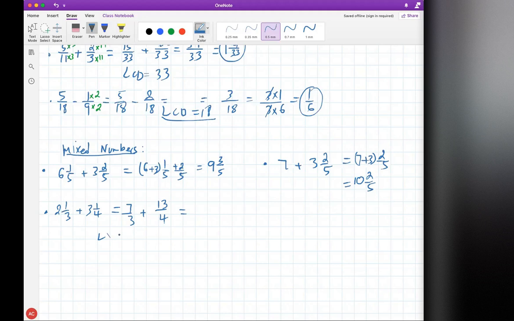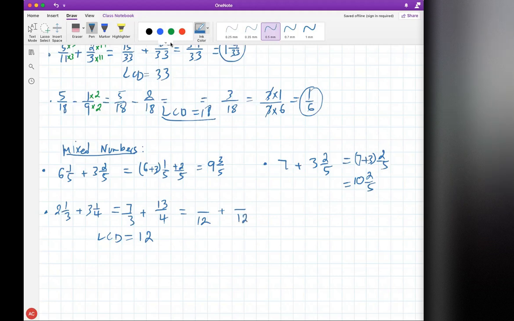The LCD is 12. We did it with the multiplication table, thinking about the multiples. So 3 times 4 is 12. Of course, we're going to turn both of these fractions into new fractions with this denominator.